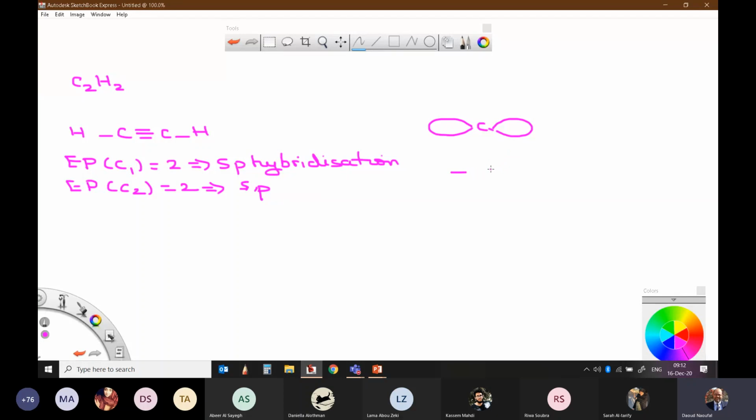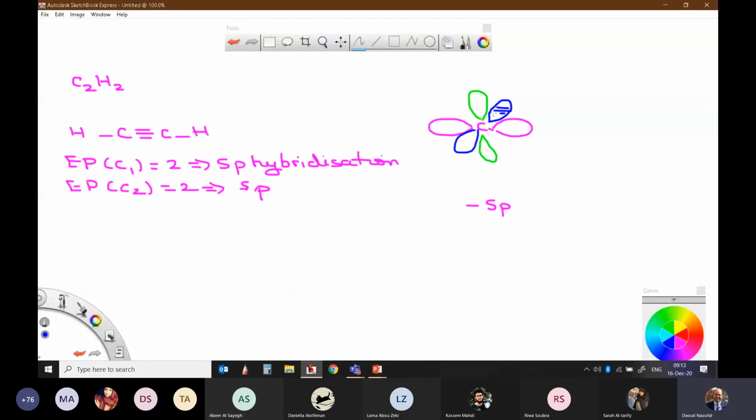This is sp. So the 2 other orbitals remaining are p orbitals. This is the first, and we have another p orbital perpendicular to the first.